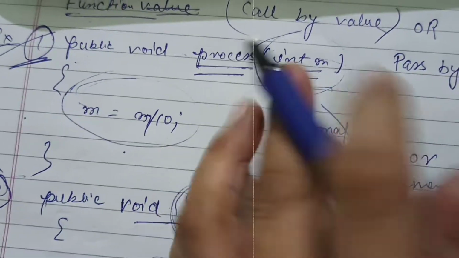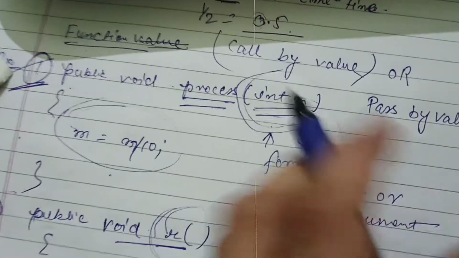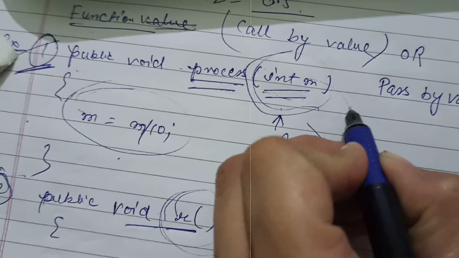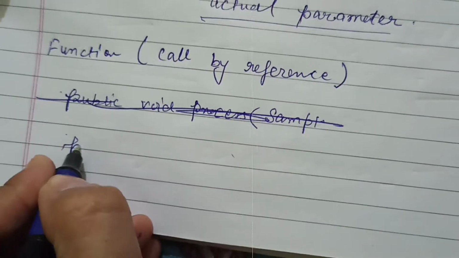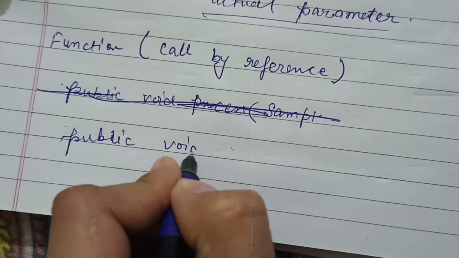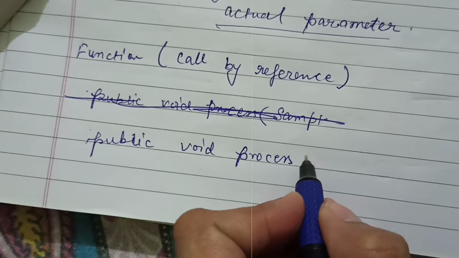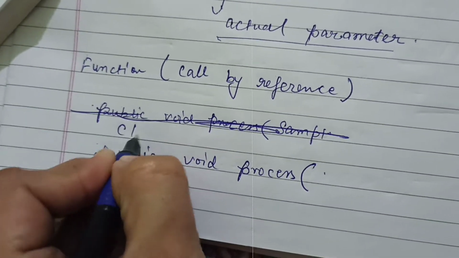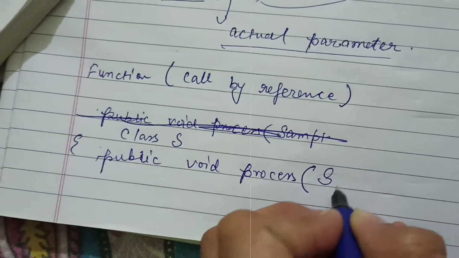When we are creating a method, we have to pass a formal argument, that is, we have to pass the class name. Like here, if I write public void process with the same method, and suppose I have created one class s, then we have to write s.